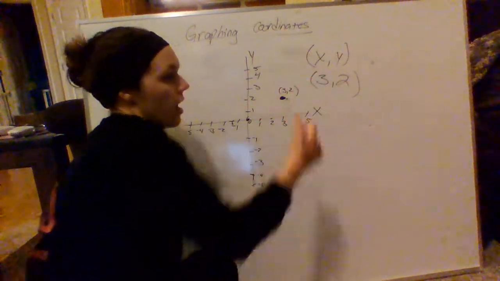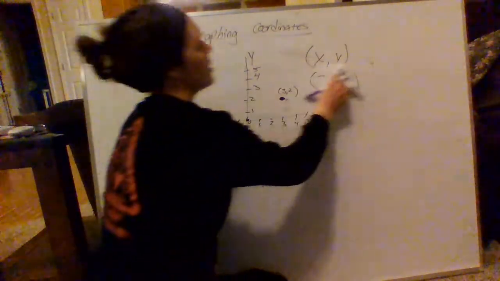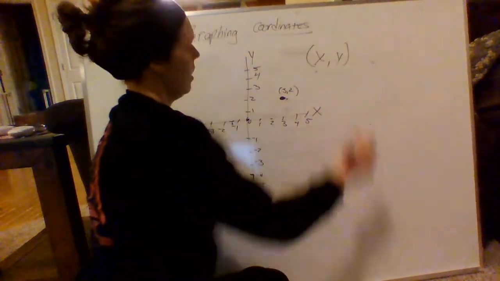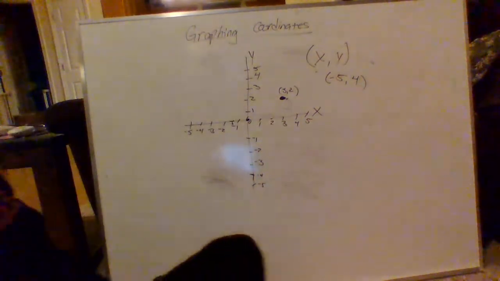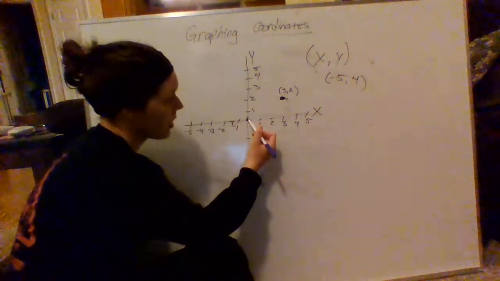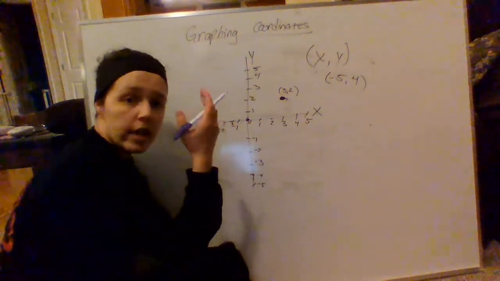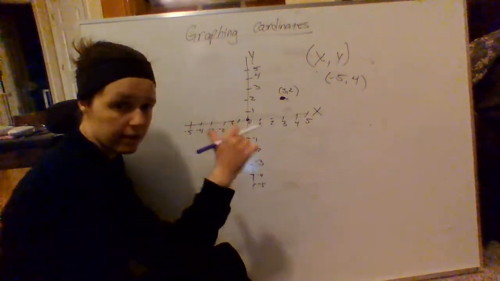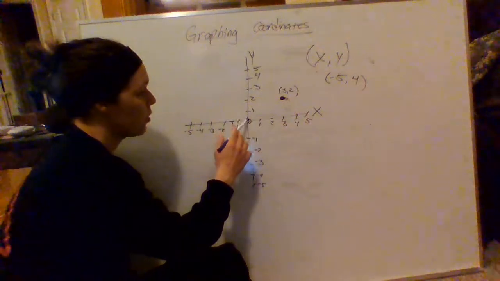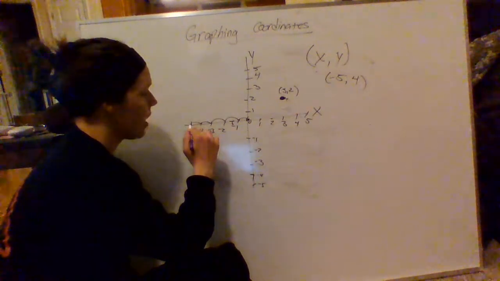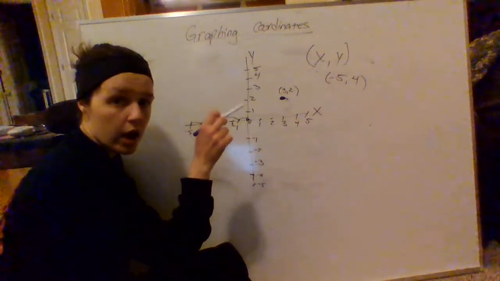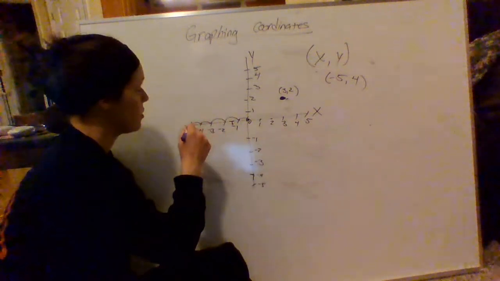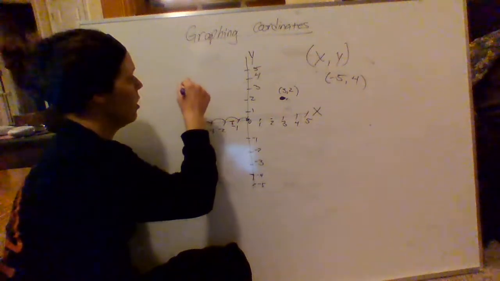Let's say we are given the point -5, 4. You always start back at your origin. Then you count -5. Since it's negative, that's to the left 5: 1, 2, 3, 4, 5. Stop there. And then +4 for y, so I'm going to go up 4 spaces: 1, 2, 3, 4.